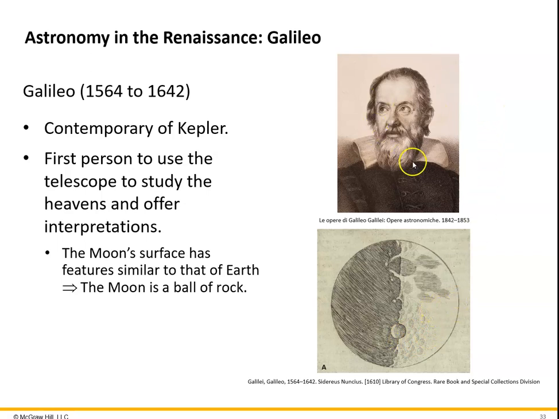And when he compares it to the Italian countryside, it's the first time in history, that we know of anyway, that humans compare an object in the heavens, the moon, to something that's going on on the earth, right? The Italian countryside.